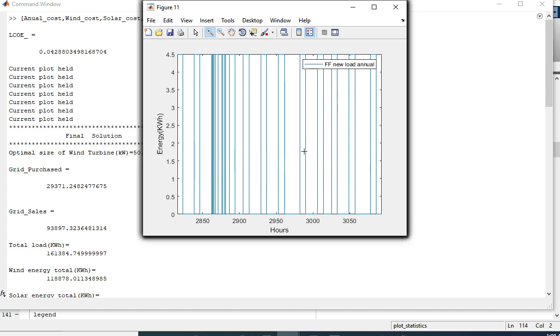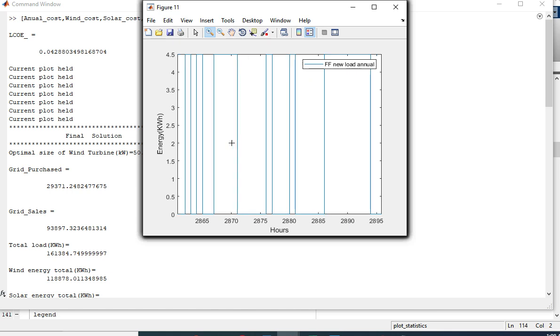So you will see an irregular, non-regular pattern in this one. Here more loads are turned on because more solar renewable energy is available, and somewhere less is taken. So overall in the 24 hours we have to meet the specific load.